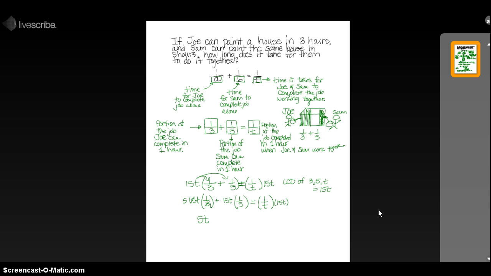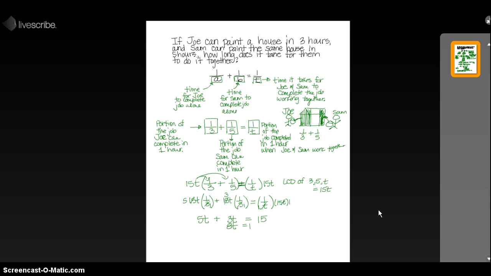Okay. All right. So 15t times 1/3, divide out common factors of 3. So that leaves me with 5t. 15t times 1/5. They have common factors of 5, so that leaves behind 3t. 3t times 1, which is just 3t. And over here, the common factors of t divide out, so that's just 1 times 15, which is 15.